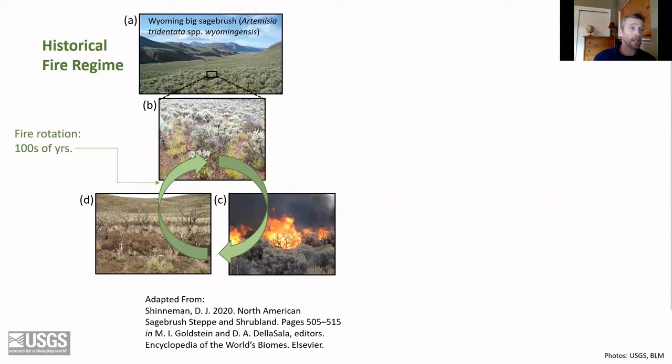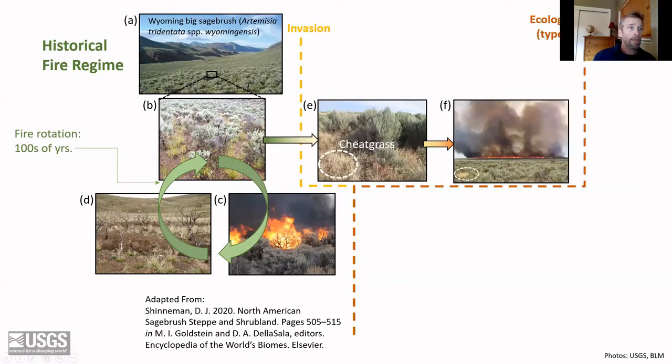But as fire-prone exotic annuals, such as cheatgrass, have invaded much of the sagebrush biome, they filled shrub interspaces and have provided continuous fine fuel loadings. Those fuel loadings dry early in the growing season and can facilitate large fires. After fire, the fire-adapted non-native species rapidly establish and outcompete slower recovering native species.